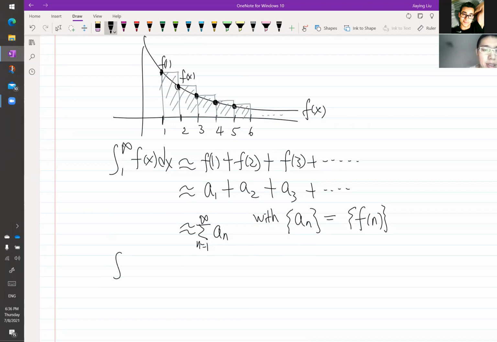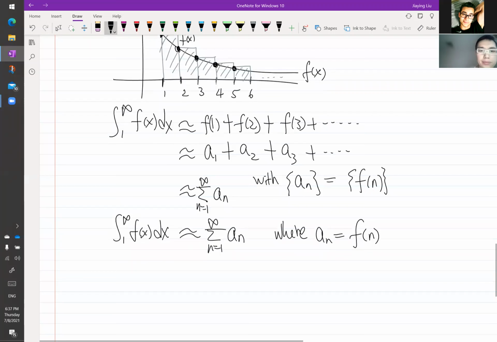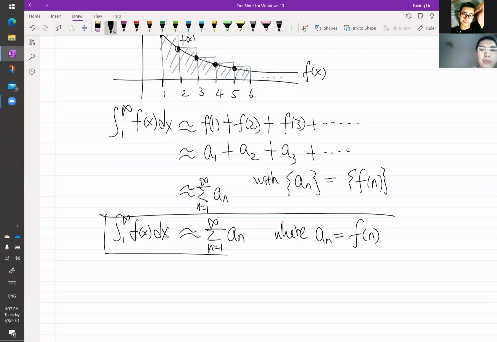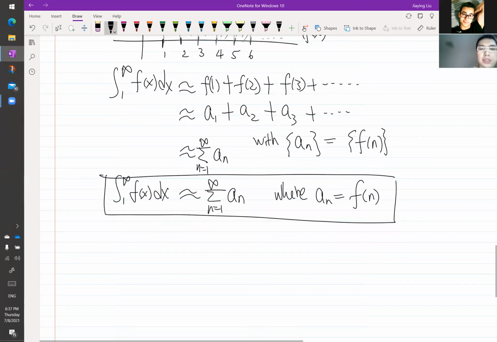Let me rewrite. The integral from 1 to infinity of f of x dx can be approximated by the series n going from 1 to infinity of an, where an is f of n, the y value at each integer. That's the part we will use in this integral test. Now let me write down the integral test definition, then we will use examples to show how it works.